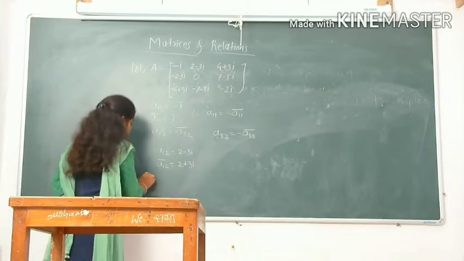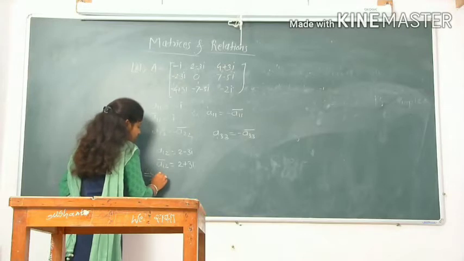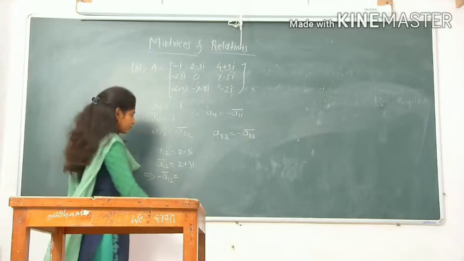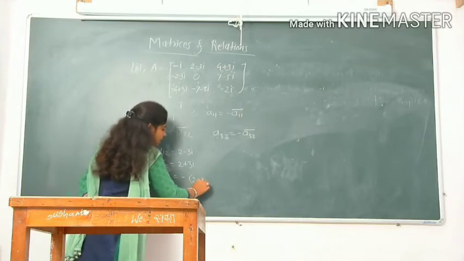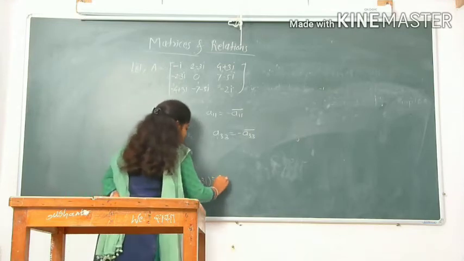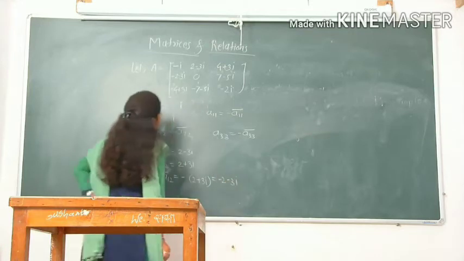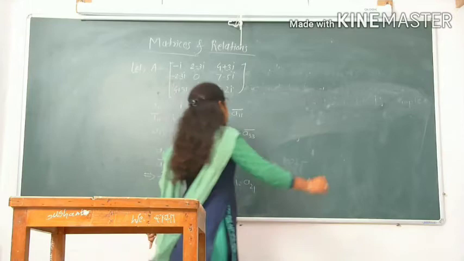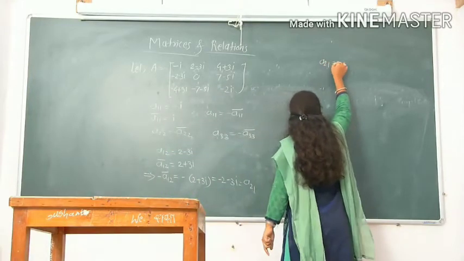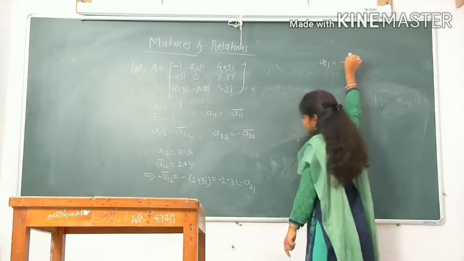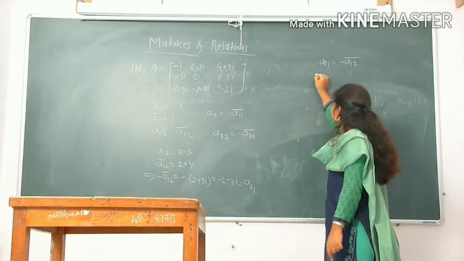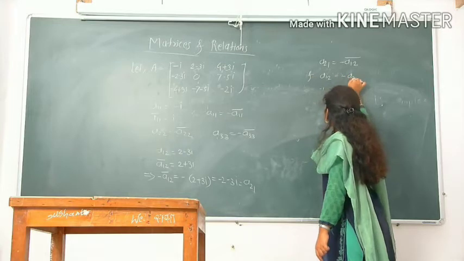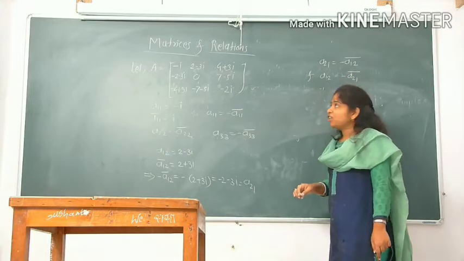Now, minus A12 bar is equal to minus 2 minus 3i, which is same as our A21. Therefore, here we get A21 is same as minus A12 bar, and similarly we can get A12 is same as minus A21 bar.